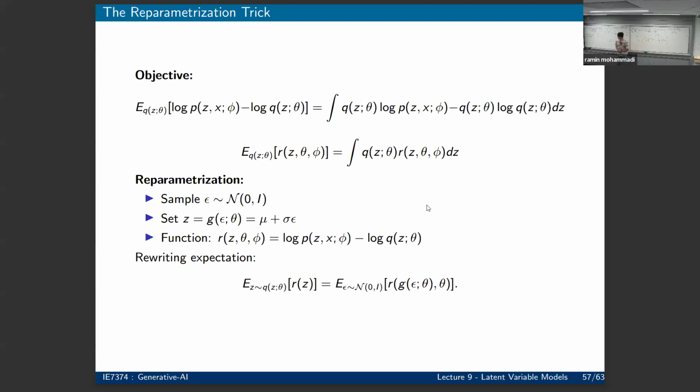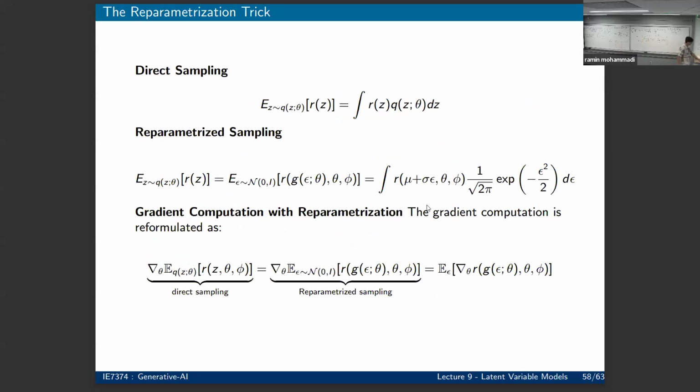Now, in direct sampling, the first one on top, the challenge here is that in order to calculate this, you need to sample Z from this distribution. In order to calculate this expectation, you need to sample Z from this and keep repeating it. In the reparameterization trick, instead of sampling Z from there, you sample noise.